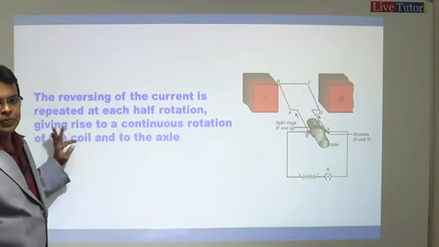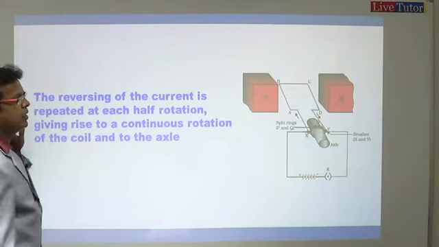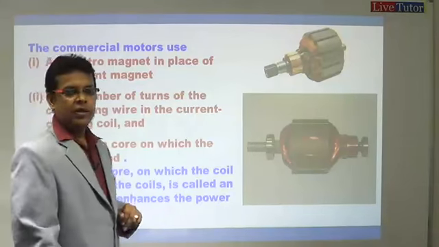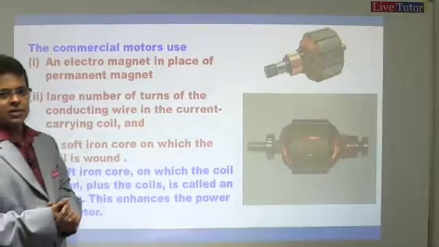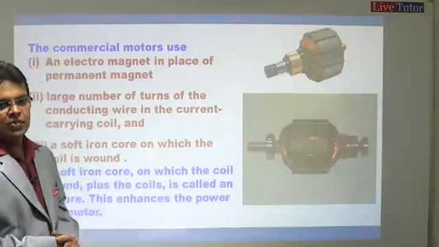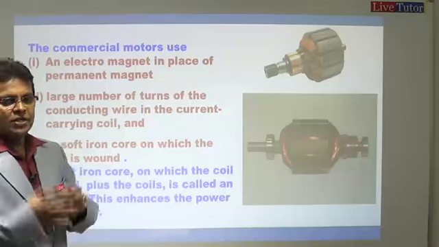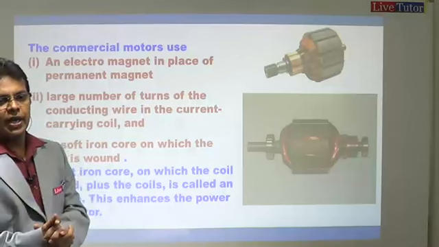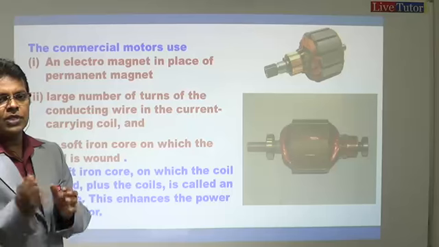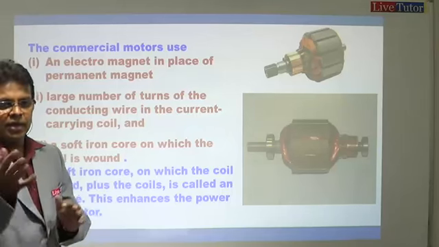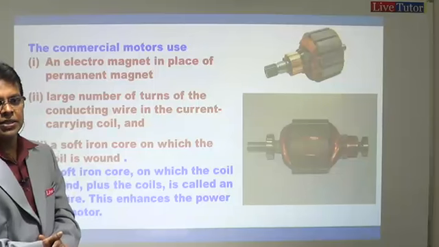Is that clear? Right. Now, when you are talking about commercial motors, the commercial motors should be more powerful, isn't it? So to have more force acting, we have to use a permanent magnet in place of an electromagnet.